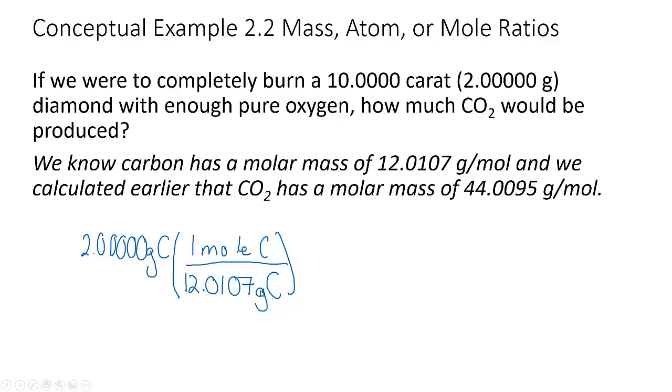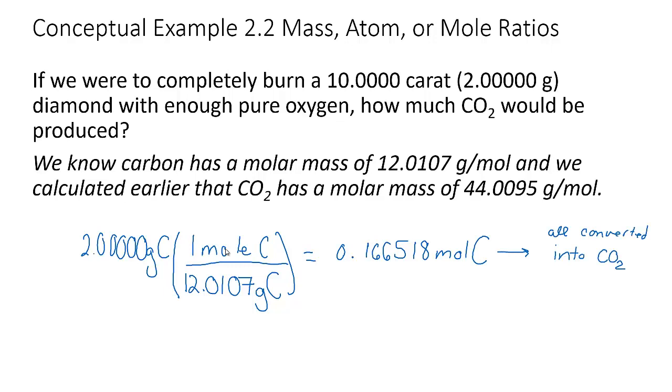And so always the molecular weight from the periodic table goes right next to grams, and then 1 mole is on the top. And it's always 1 mole. It's not 2 moles, 3 moles. In this case, oxygen, it's not 2 because of the subscript, it's just 1 mole. So periodic table number goes with 1 mole. Alright, and then you multiply that together, and that would tell us how many moles of carbon we have within this diamond.